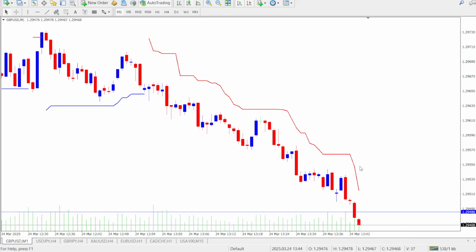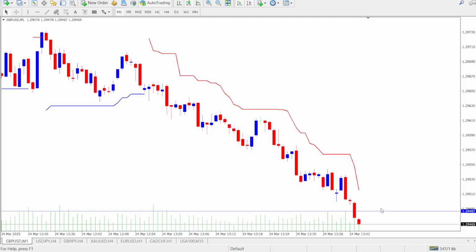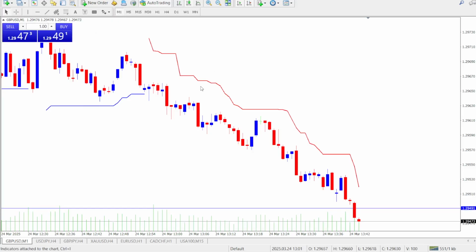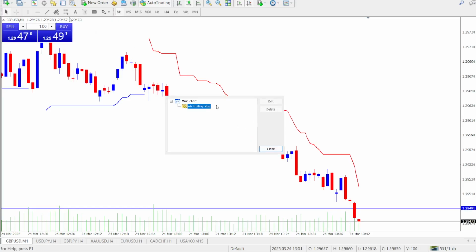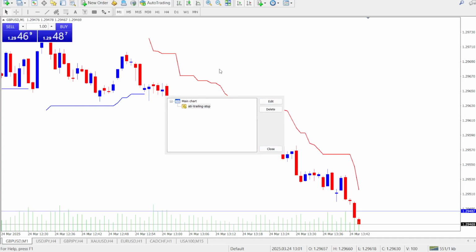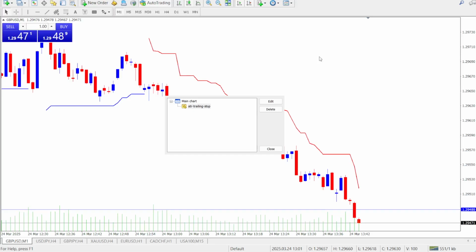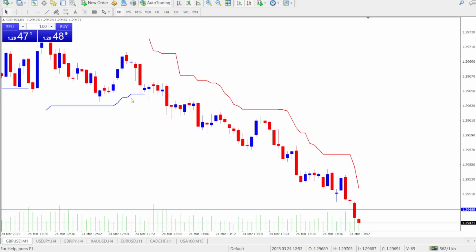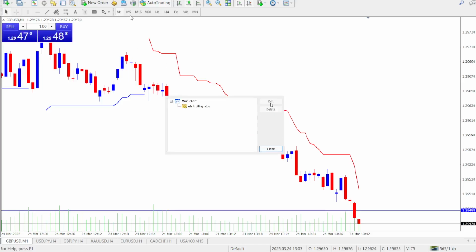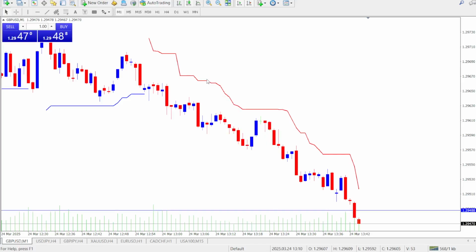Now the ATR trailing stop indicator is color coded for easy visualization. We can see that it makes use of a blue color and a red color.